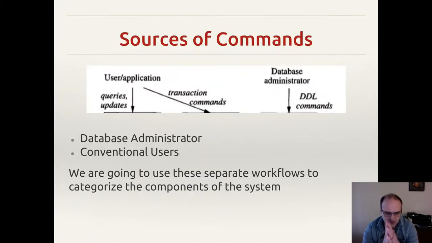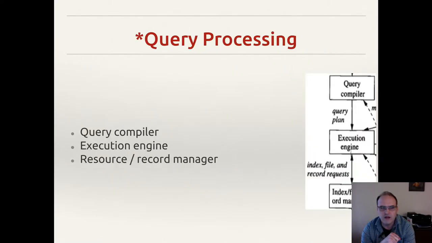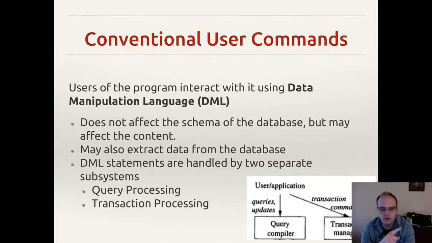I said that there are two major decision points that I use to break this apart. The first is the database administrator use case and the user use case. Then within the user use case, we have two pieces: query processing, which is denoted with a star, along with transaction processing.